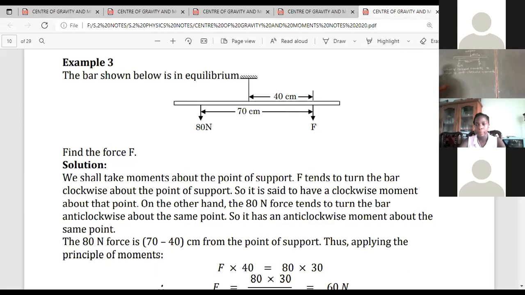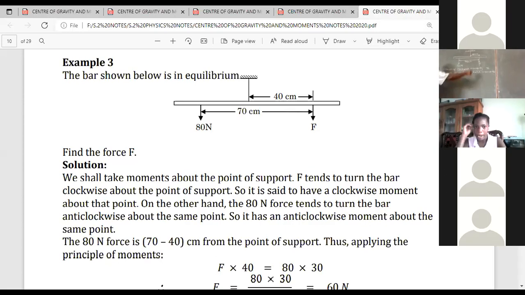So we want to identify which one is clockwise. We know that we're talking about the sum of clockwise moments, so we use this statement, which we pick from the condition. From the principle, we specify that they are about a point, and that point is the pivot here.